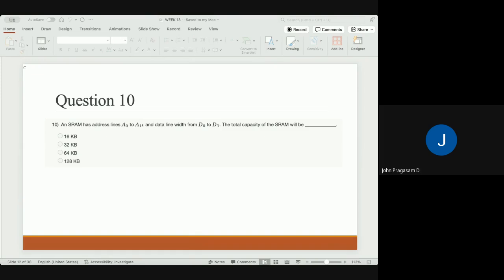So the value is something 2 lakh 62,000.